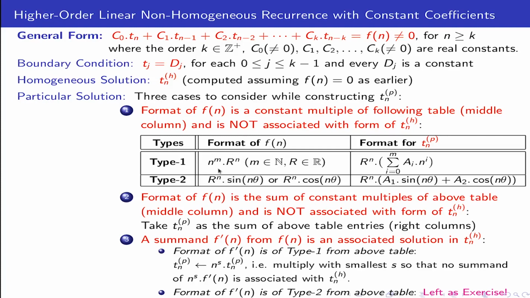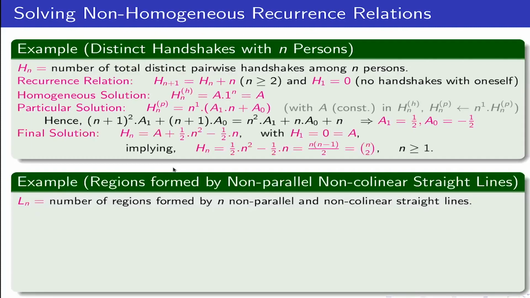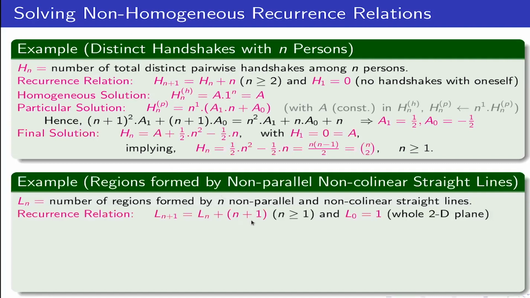So it's a constant multiple of this plus of this type. So there is type 1 plus type 1 again in this recurrence function. So the particular solution will take two of the answers from the table and add them in such a way that it becomes independent as well.